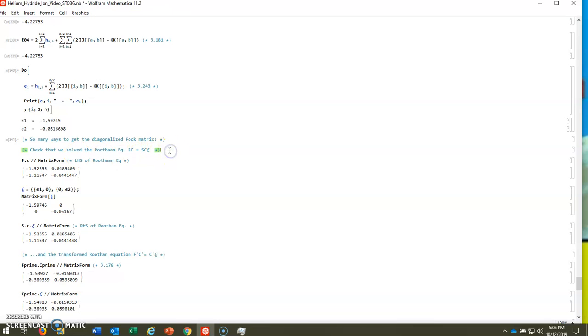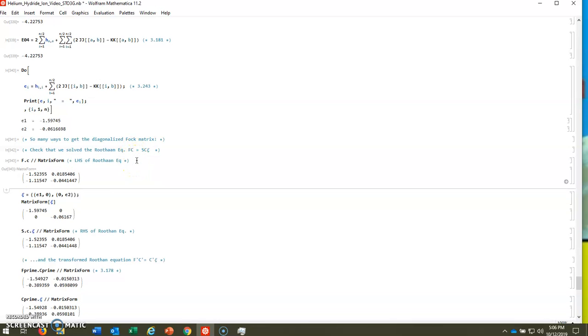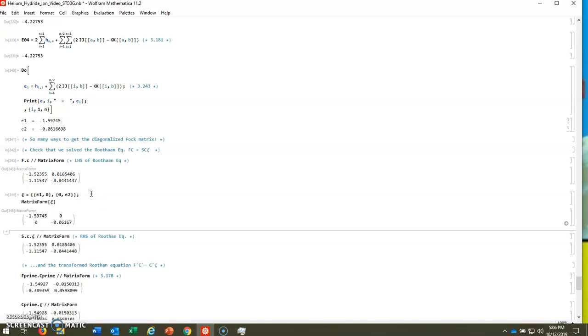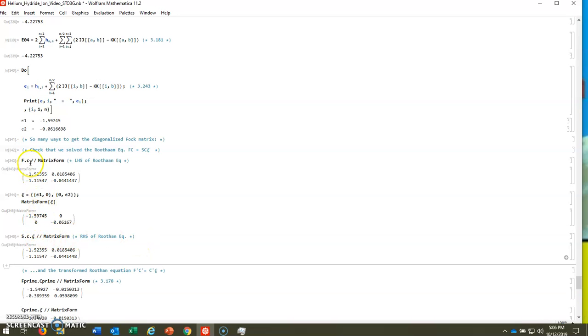So this is the non-eigenvalue looking equation because of the non-orthogonal S matrix, but we should have solved it. We did solve it. So calculate the left-hand side of the equation, calculate the right-hand side, and they should agree. The left-hand side equals the right-hand side.